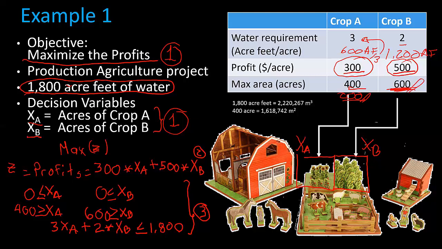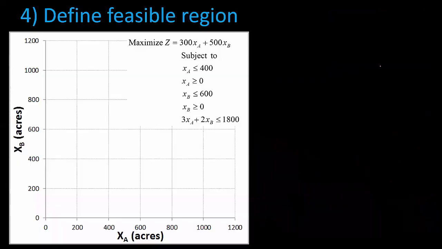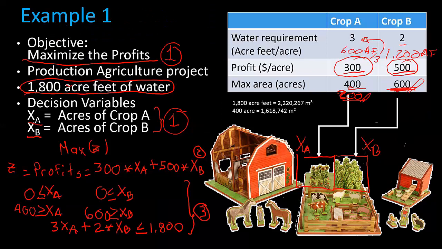So without actually going through all the math, what I'm thinking is that the solution will be to grow as much of crop B as possible, and then whatever resources I have remaining, I will use them to grow crop A. So for now, I think we have a good hint that perhaps this might be the solution for the problem. Well, let's actually go to the next step.